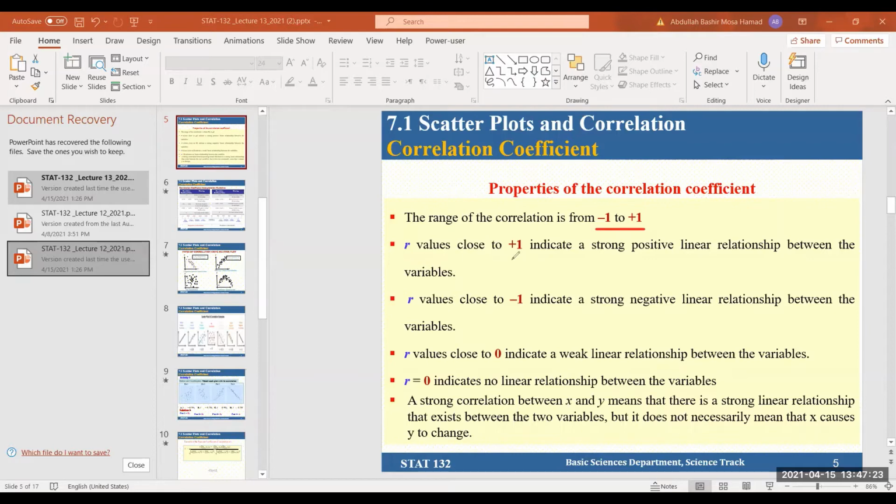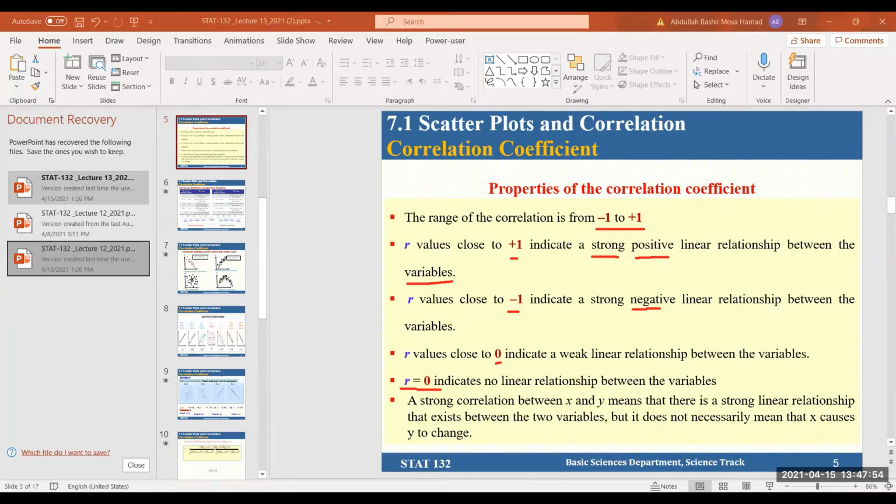If R is close to 1, we indicate a strong positive relationship between X and Y. If R is close to minus 1, it is a negative linear relationship. If R equals 0, this indicates no relation, but if R is close to 0, this indicates a weak relation between these two variables.